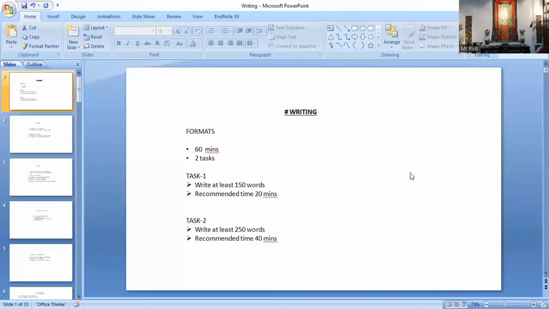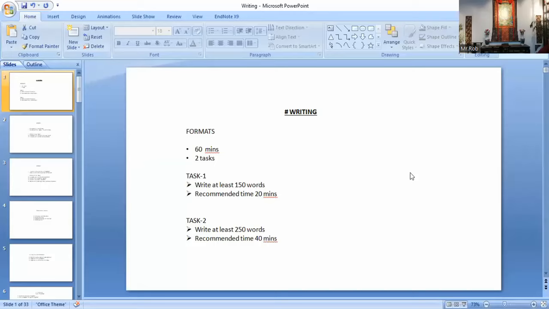we have formats. So, format for writing is 60 minutes, and there will be two tasks to perform. Task one, it will be about writing for at least 150 words. There will be an image, and you have to describe that image in task one.